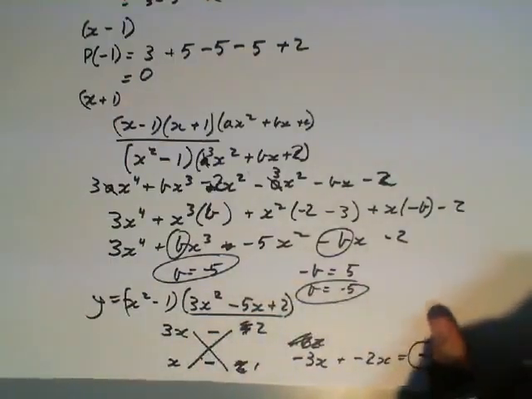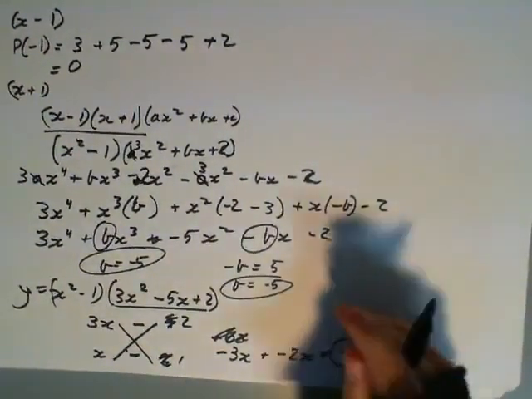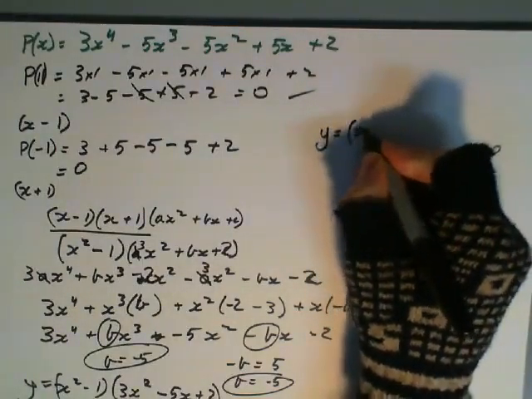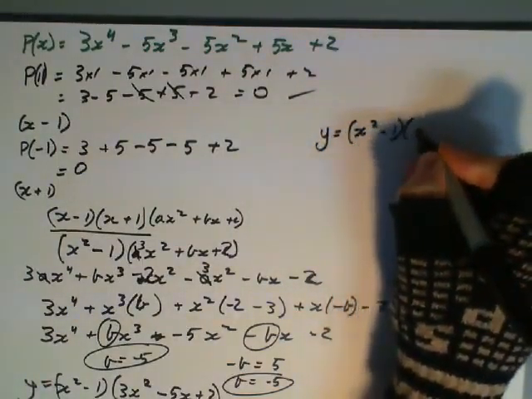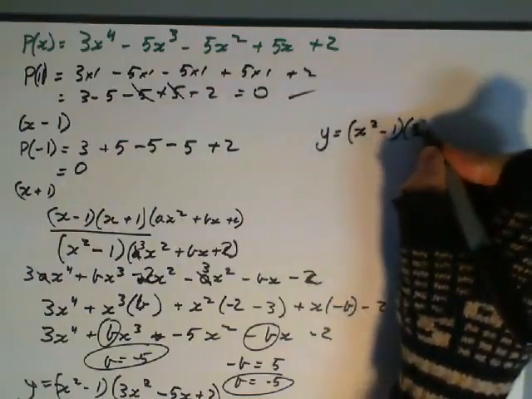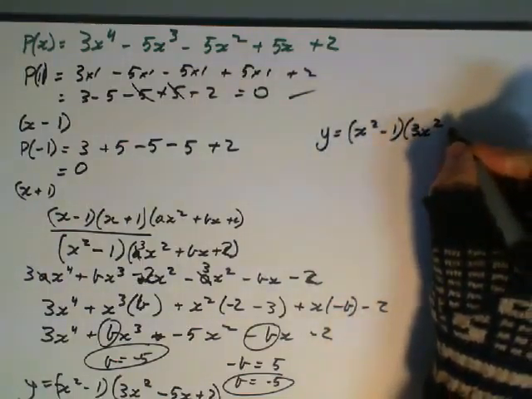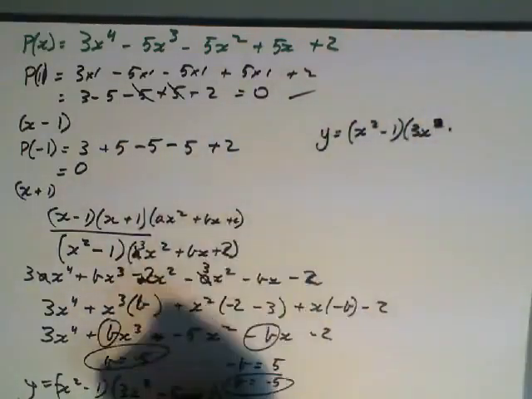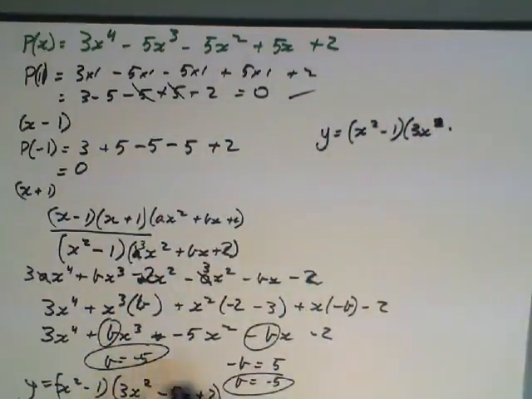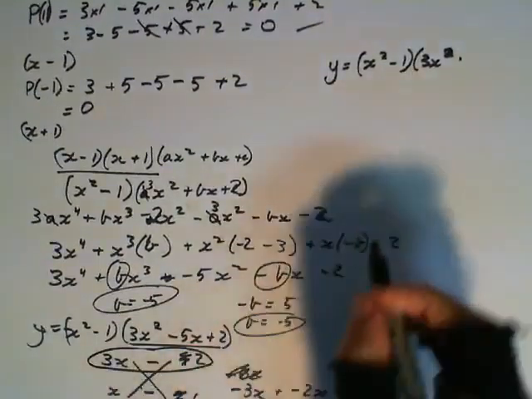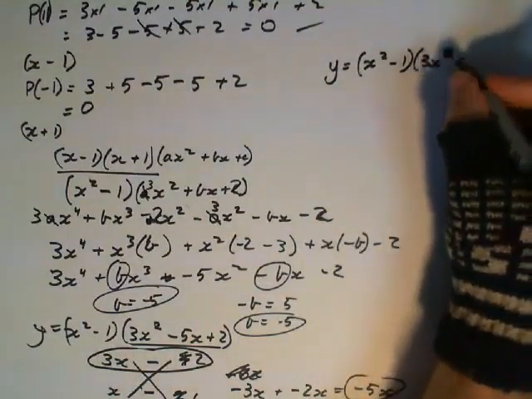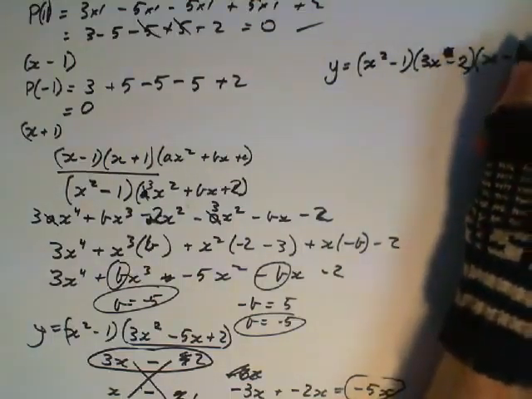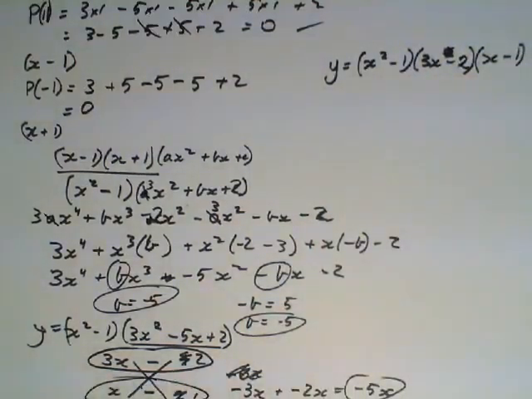So our completely factorized equation will say y equals x squared take 1, 3x squared, 3x take 2, and x take 1, because that's what we factorized down here.